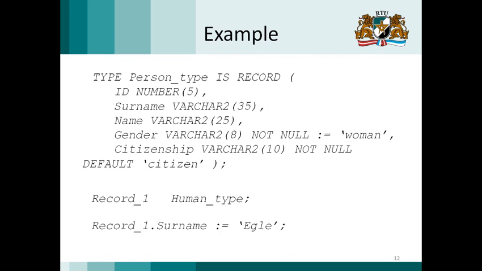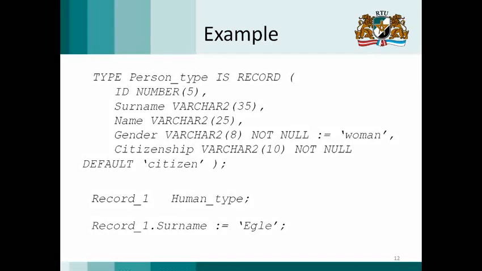This is one way to fill these records. For example, we have this record 1, and for this particular record, record 1, we want a surname that would be equal to A.